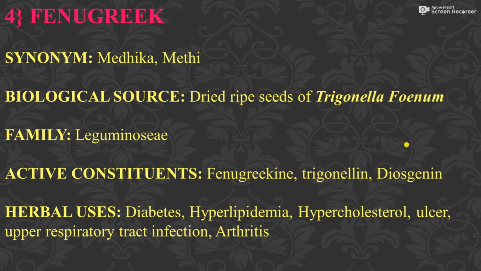Then the next drug is fenugreek. Synonym of fenugreek is methi, and medica. Then the biological source is dried ripe seeds of Trigonella foenum-graecum, belonging to family Leguminosae. Then active constituents in fenugreek are fenugreekine, trigonelline and diosgenin.